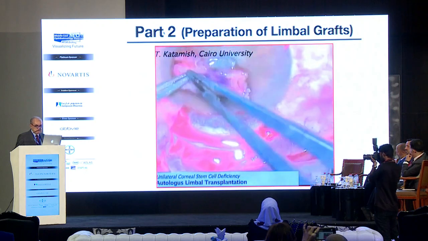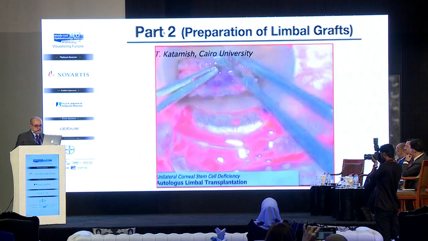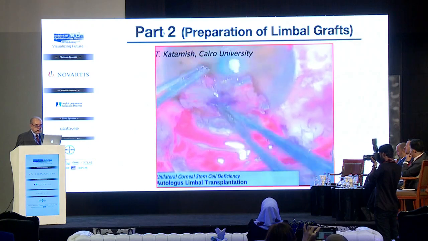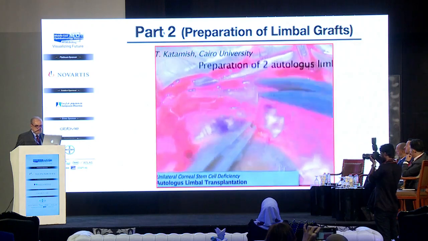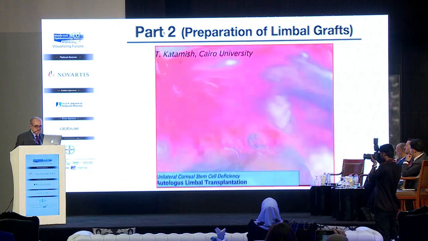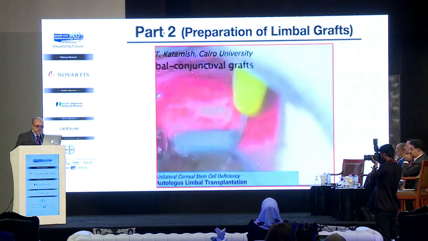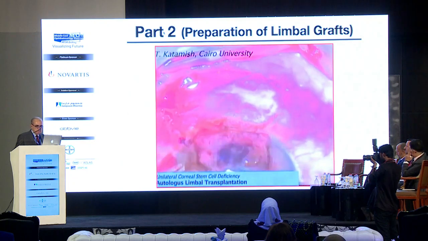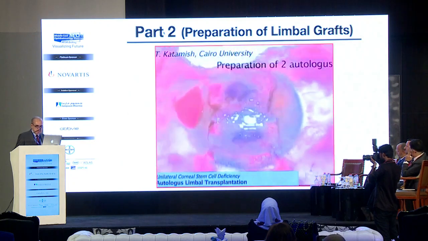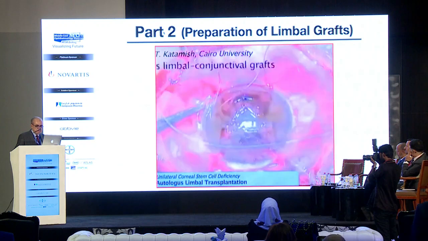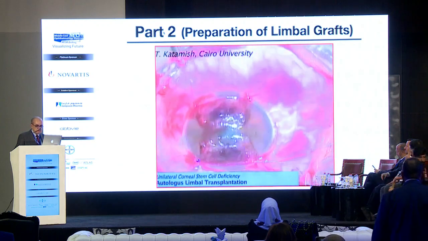This is the first graft, and then just put it over the cornea until you finish with the second graft. The same technique also is done here, and you have to remove the old Tenon capsule, and you have to include the limbal cells in your graft, as you see. Then you close the conjunctiva by 7-0 Vicryl suture.